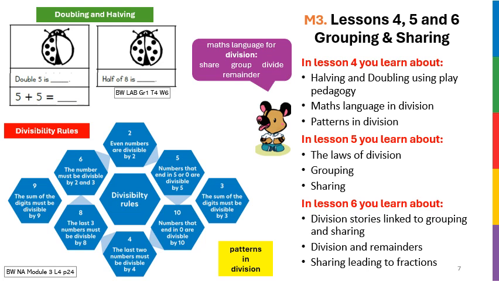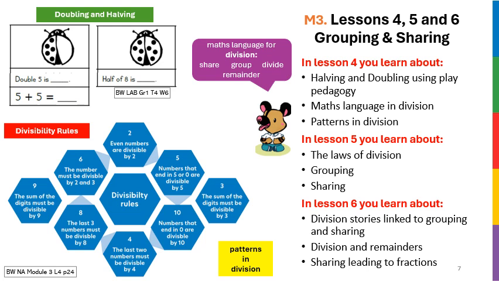So this is now where children would do individual work after having done lots of concept development in whole class setting. But if we look at the picture on the left, we see a ladybug that only has dots on the left wing. So here, the learner would have to draw the same number of dots on the right wing.